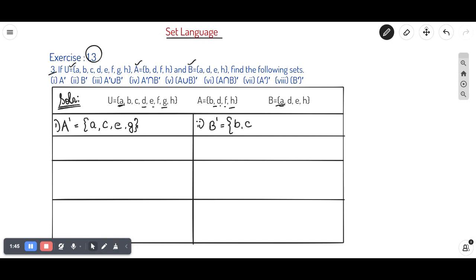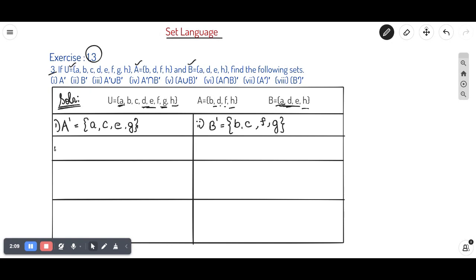And d is there in B, you can't write it. e is there, we can't write it. And f is not there, so you can write your f. And then g is not there in B, so you write g from the universal set. h is there in B, so I am not writing it. Complement means write the universal set except that set.